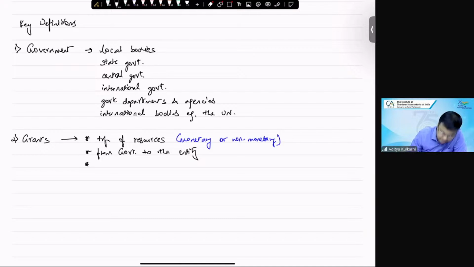Third point. Government will transfer, but in return, what does it expect? Compliance with certain conditions. Okay.